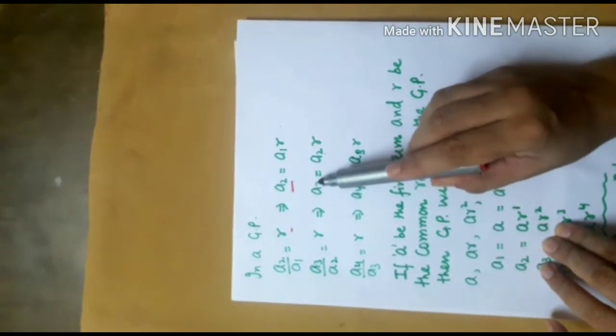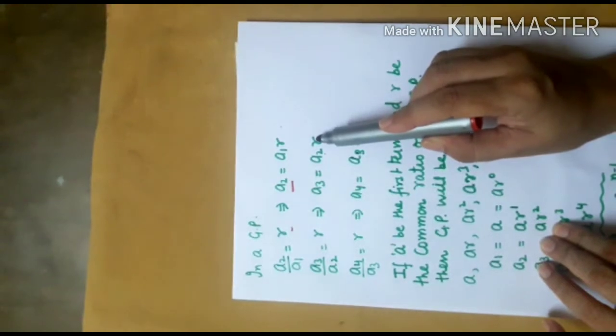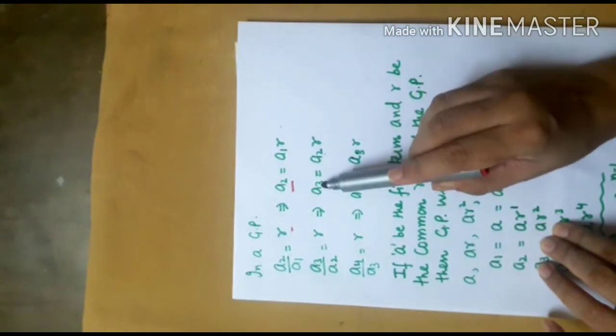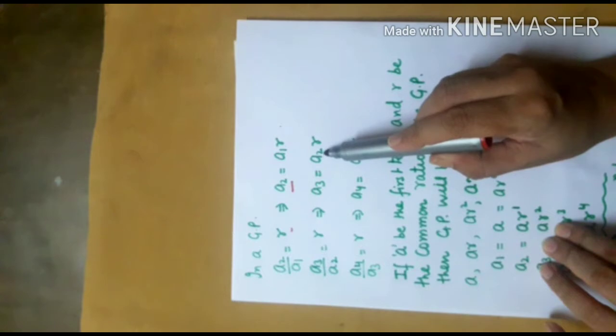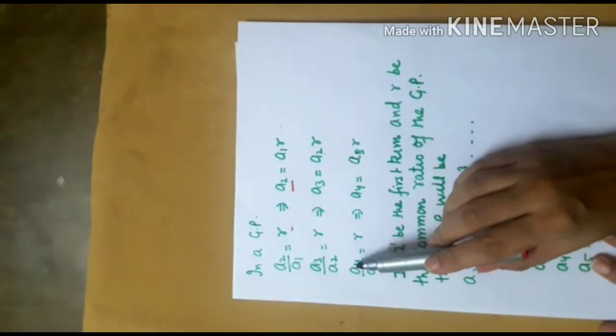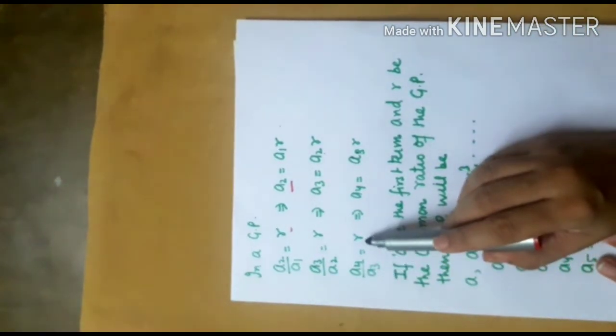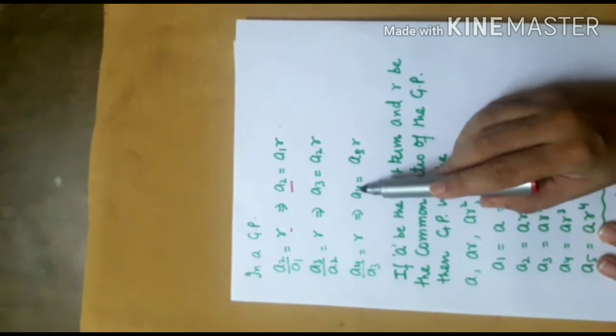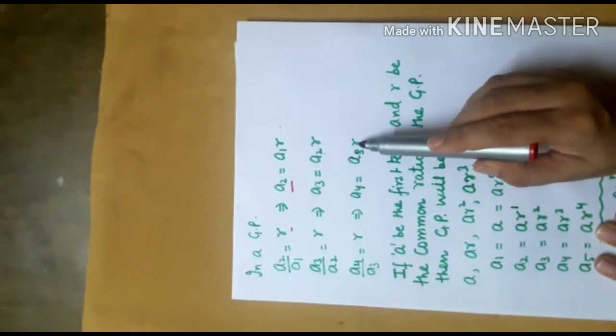That is, a3 is obtained when the common ratio is multiplied to its preceding term a2. Similarly, a4 over a3 is equal to r, and this implies a4 is equal to a3 into r. That means in a GP, a term except for the first term is obtained by multiplying the common ratio to its immediately preceding term.